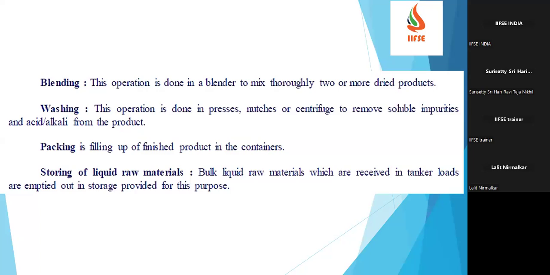It is filling up of the finished product in containers. Storing of liquid raw materials is also a storing kind of activity. The bulk liquids or raw materials which are received in the tanker, loaded or empty, go to the storage provided for the purpose. It is simply storing of chemicals which we have received for our operations.